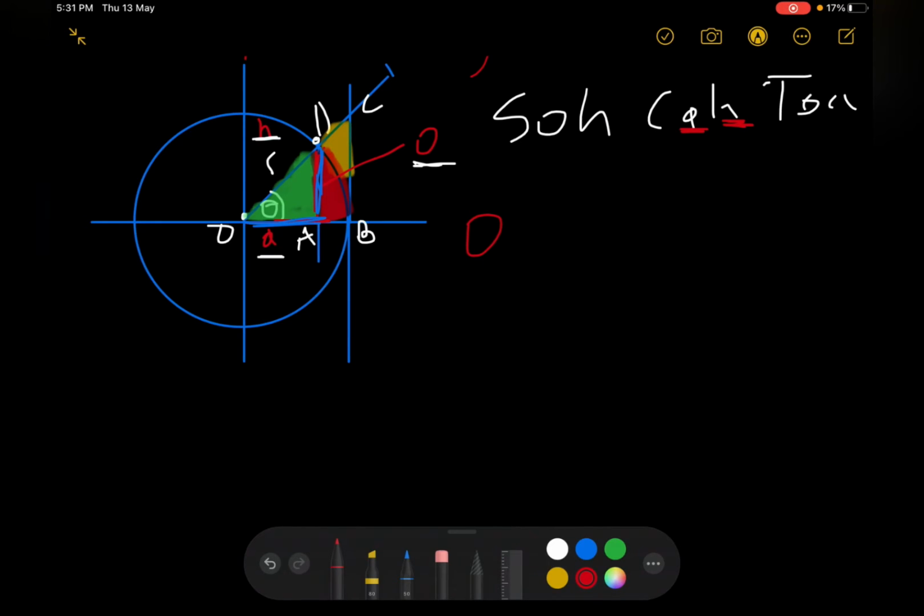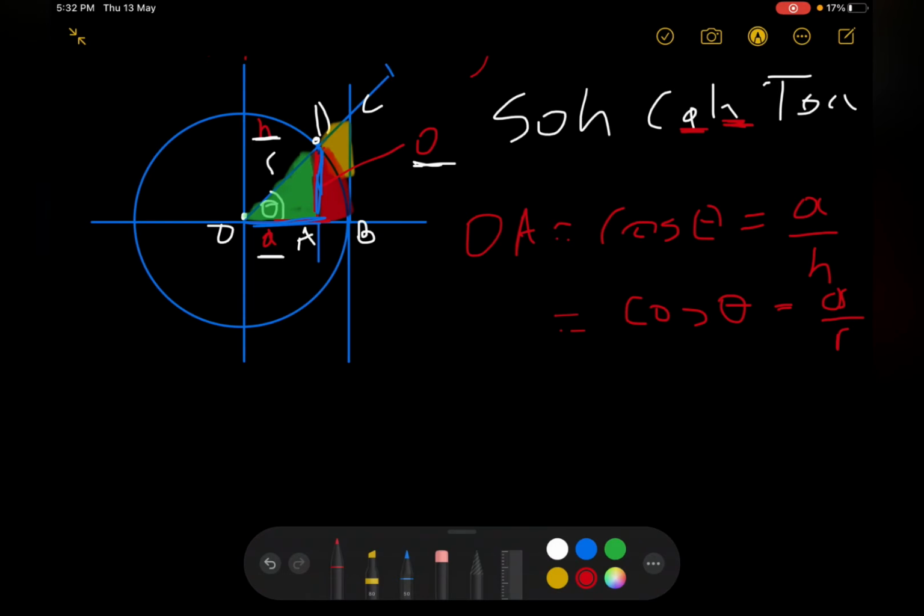So the line OA would be equal to, we know that the hypotenuse side is r, so cos theta equals a over r. And if we transpose for a, which is the unknown side, we would have, and now we have this side.